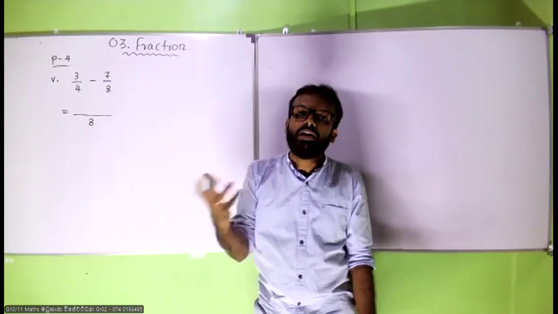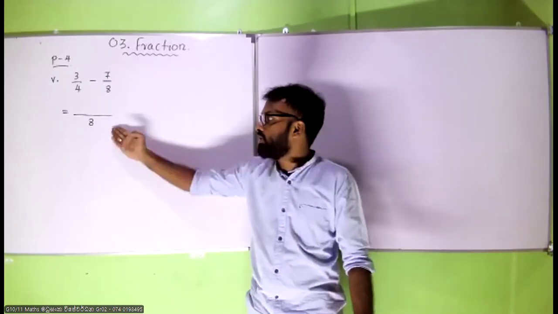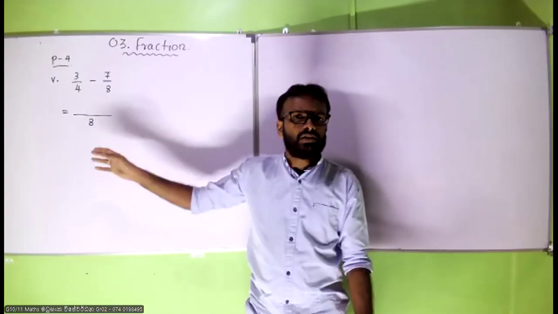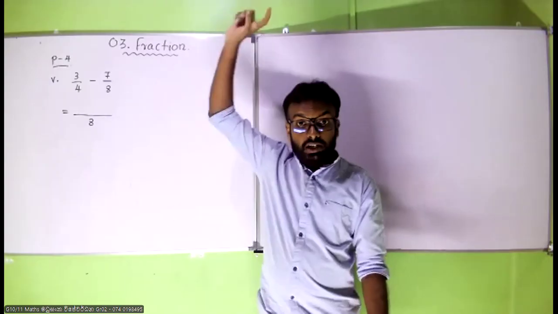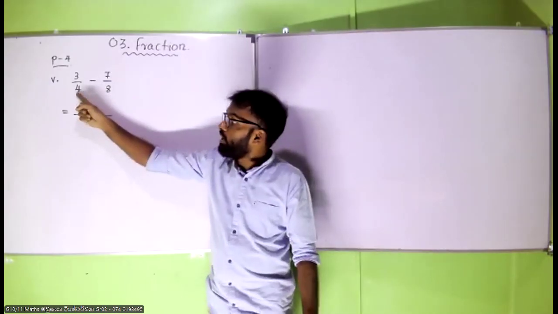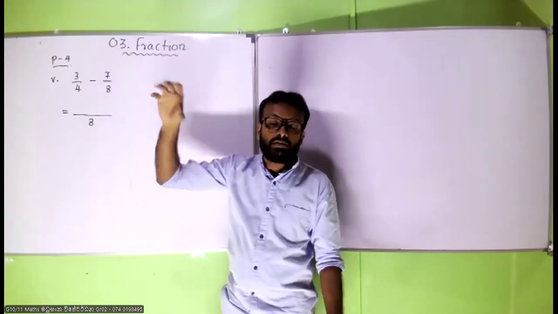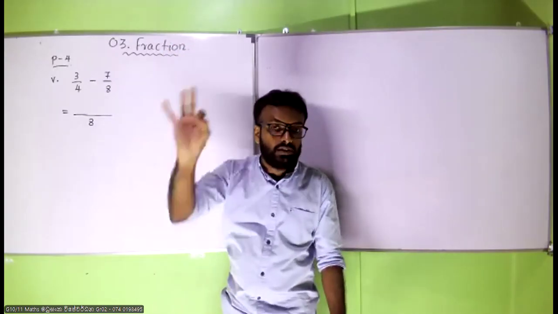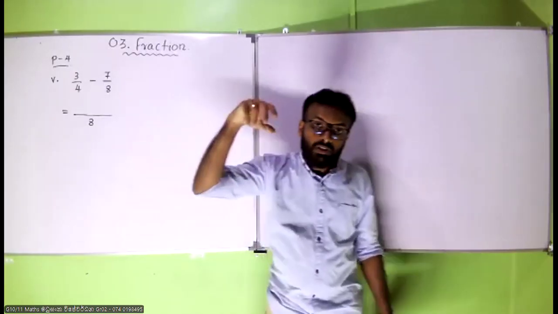Sometimes you might forget that method. This one is somewhat a basic method. The earlier one, you multiply to get the denominators equal. That is an old way, the familiarized method with you. But this method is one of the easiest ways.